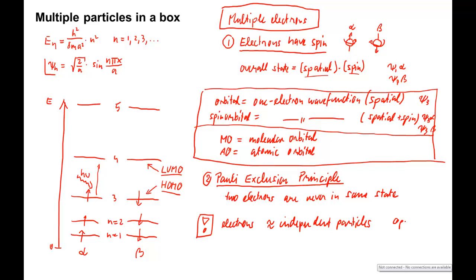This is a very crude approximation, of course. Electrons are negatively charged. If you bring two electrons close to each other, they will repel each other. Due to this repulsion, the position of the two electrons is in reality correlated. In other words, if one electron is on the left of the box, the other one prefers to be on the right. The simple model here completely neglects this electron correlation.